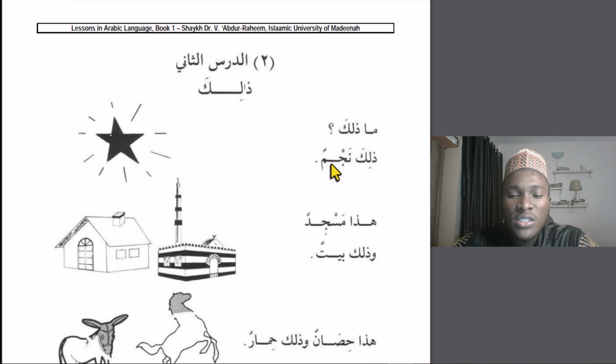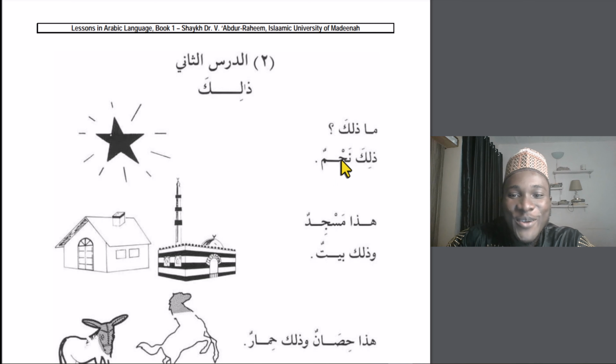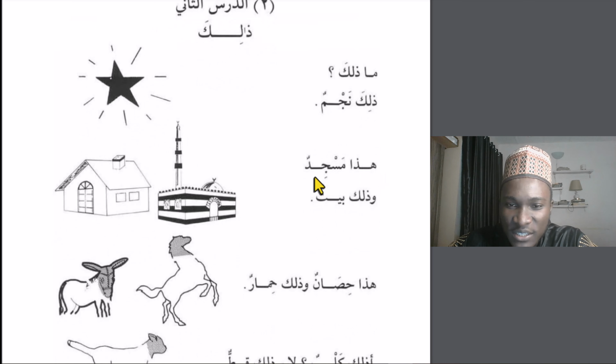Ma dhalik? What is that? Dhalika najmun. That is a star. Because a star is always far away. You cannot use hadha for a star, unless you are an astronaut beside the star. So use dhalika najmun. We have hadha masjidun. As you can see, the masjid is near, so he said hadha masjidun.